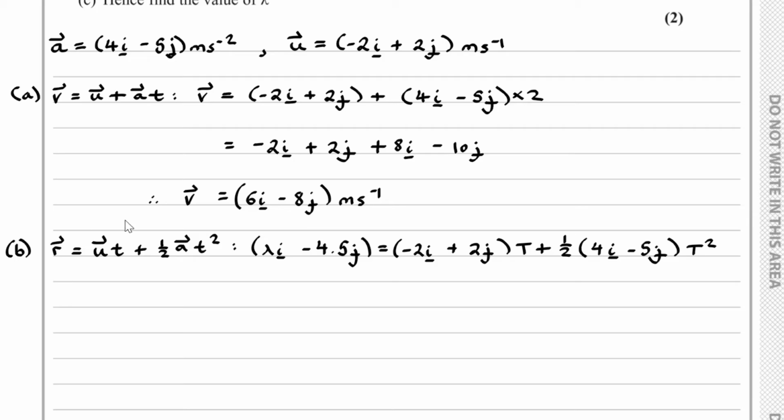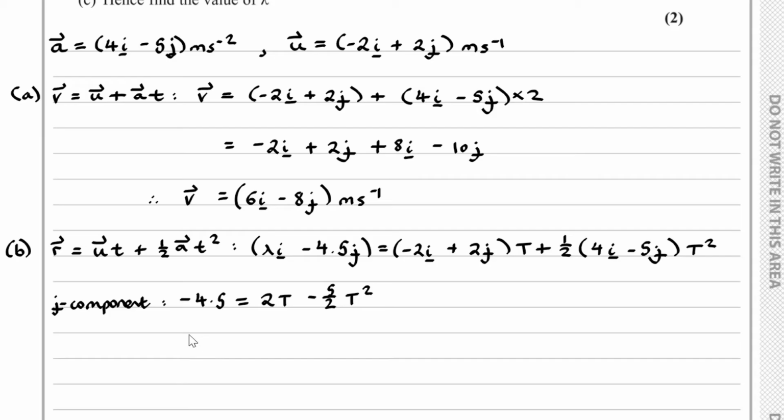So, for the j component, we have over here minus 4.5. This is equal to 2T plus, well, here we have a half times minus 5. So we have minus 5 over 2 T squared.